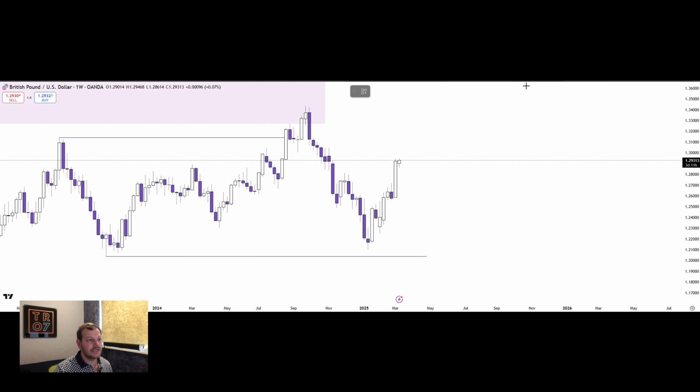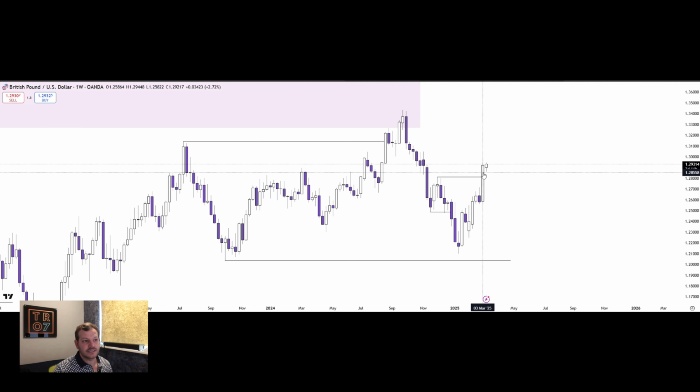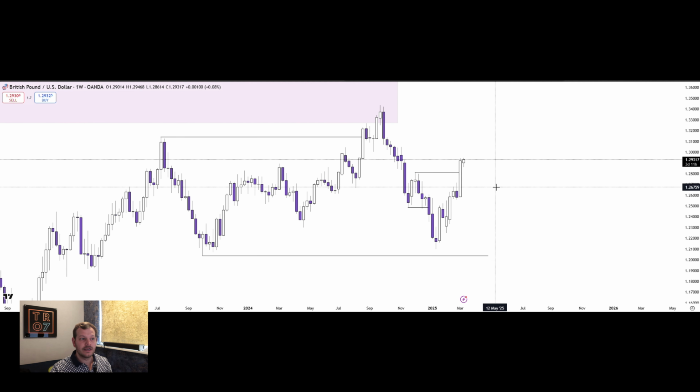And what we can see is we have actually broken substructure on the weekly. This weekly candle has closed above the previous substructure, which is telling me that we are technically bullish, but we're in a bearish overall trend. But it's bullish for weekly, so you can get some great bullish trades.